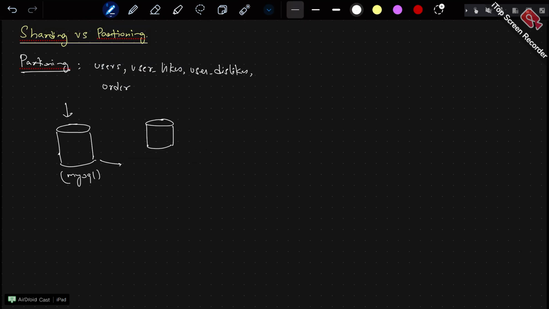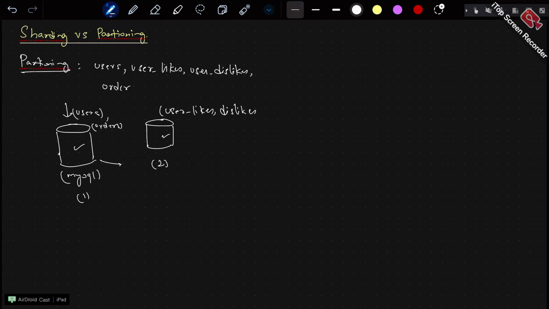This is db node 1, this is db node 2. Now you make your users table reside over here, along with the user likes and dislikes table. We are moving the entire table. For example, orders data also here. The entire orders table resides in one node, and the users and dislikes tables reside in the other.